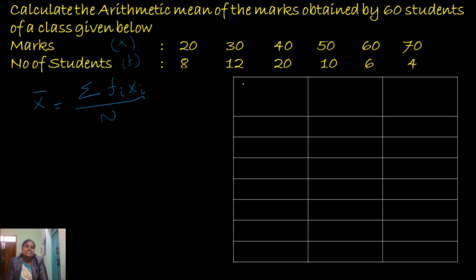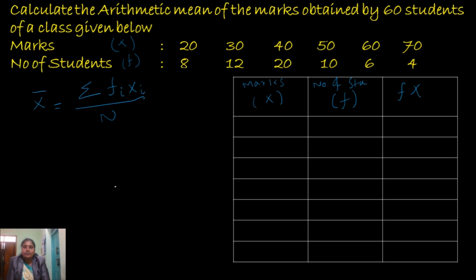So let's construct a table where the first column consists of marks, that is the variable x, the second column consists of number of students, that is our frequency f, and the third column is the product of f with x, that is fx.